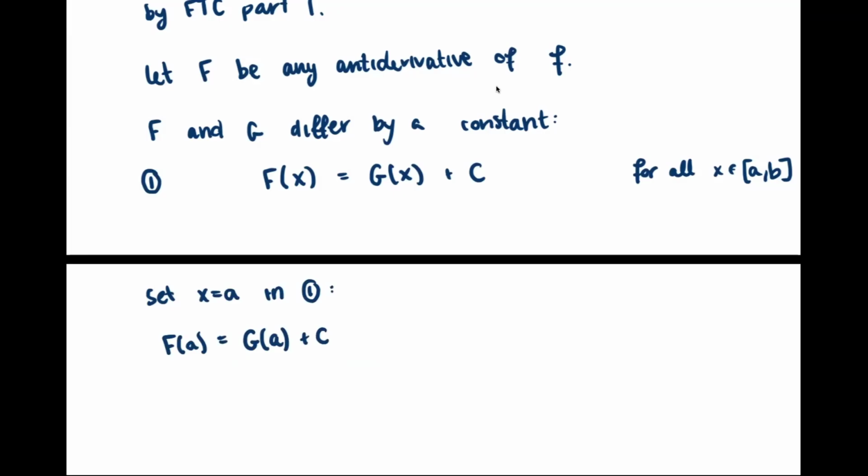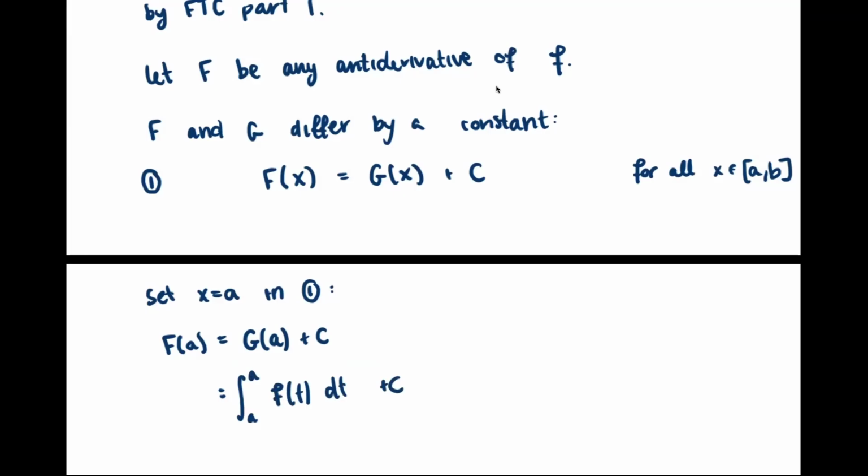Now I'm going to be able to solve for what this constant c is. Let me write out what G of a is, because we said that G of x was the integral from a to x of f of t dt. So if I plug in a, I get the integral from a to a of f of t dt plus c.